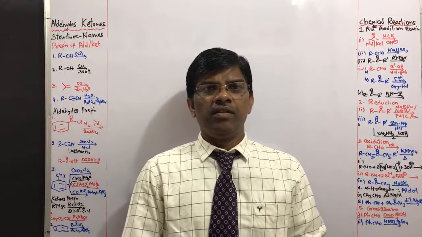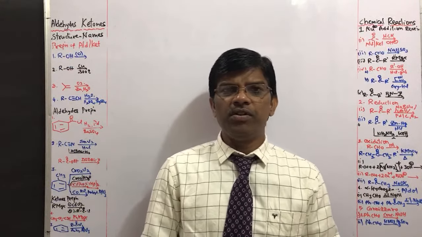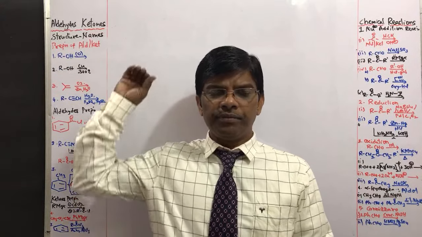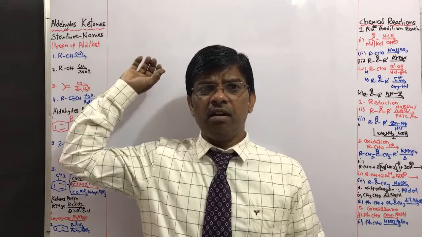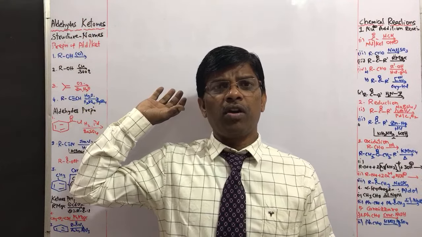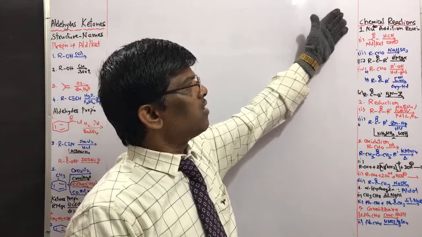Dear students, we have been learning the aldehydes, ketones and carboxylic acids chapter. Just now we have completed preparation methods of aldehydes and ketones, and next we have come across chemical reactions of aldehydes.